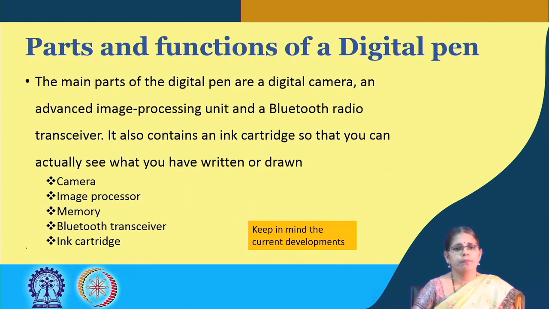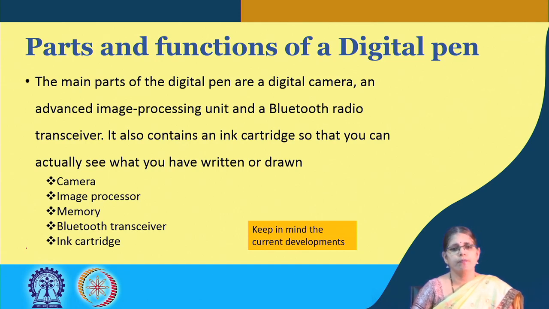Let us understand what are the different parts of a digital pen and their functions. A digital pen mainly has a camera, an image processing unit and a receiver of information. Now, the developments in relation to digital pen can encompass any of these. Again, it has an ink cartridge, using which one can actually go about with the drawing or the option of writing.